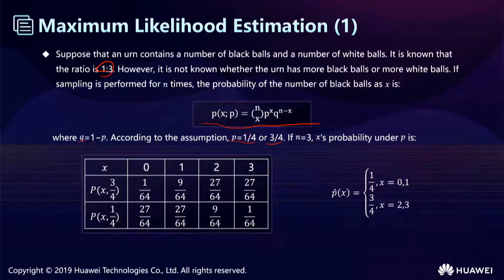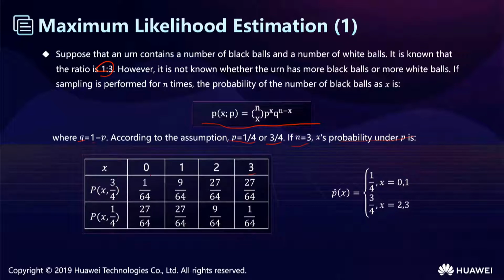If n, the number of samples, is equal to 3, we look at the probability of x under this setup. If the probability is equal to 3/4 and x equals 0, we get one probability, and if x is equal to 1, the probability works out to 9/64.